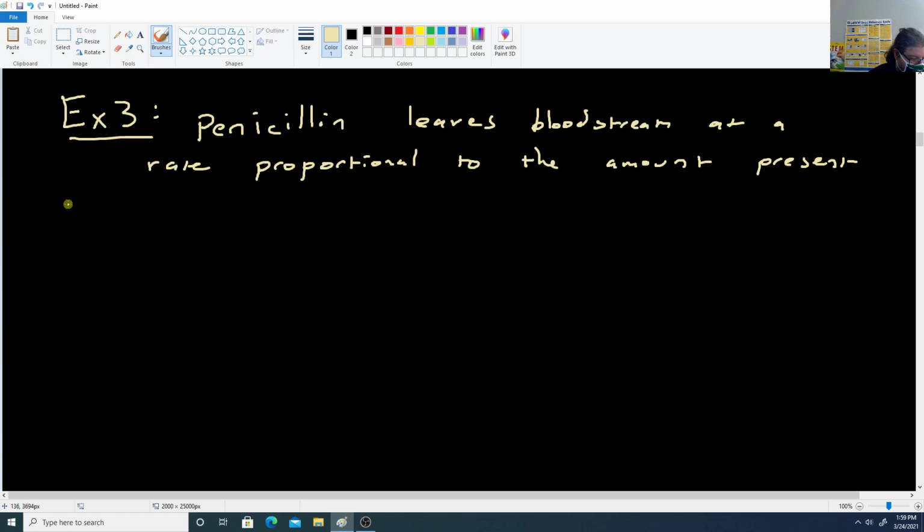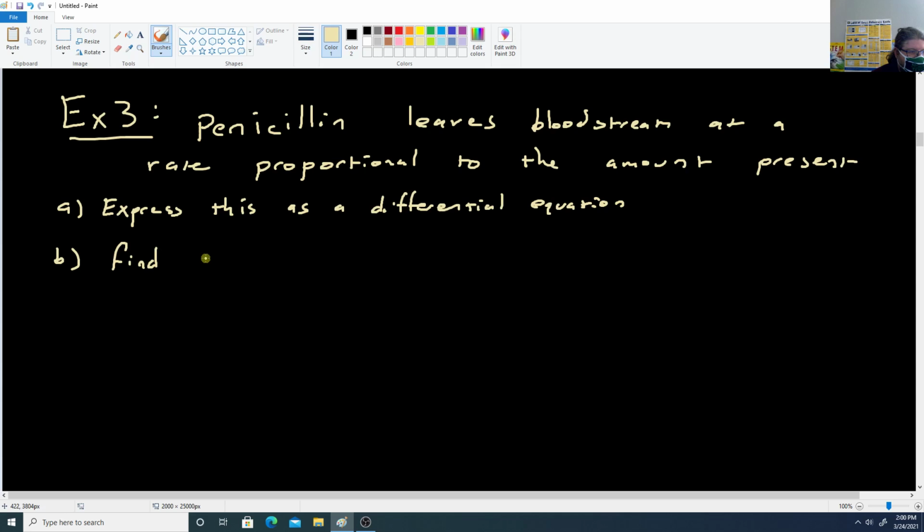And they're going to ask us to do a couple things. So part A, express this as a differential equation. Part B wants us to go through and say, find the decay constant.